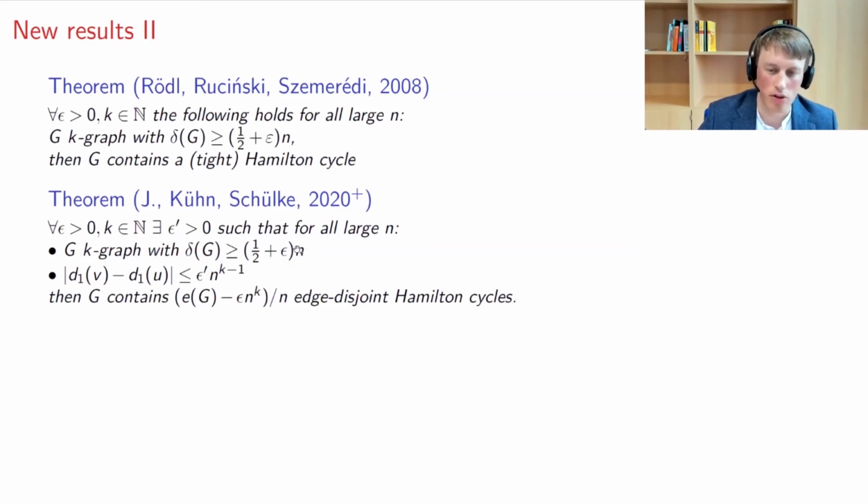You can decompose the edge set up to a small, up to 1%, say, up to epsilon fraction, into Hamilton cycles. And there it's also clear why you need a second condition. For each vertex in a Hamilton cycle, each vertex contains exactly k edges in this Hamilton cycle.